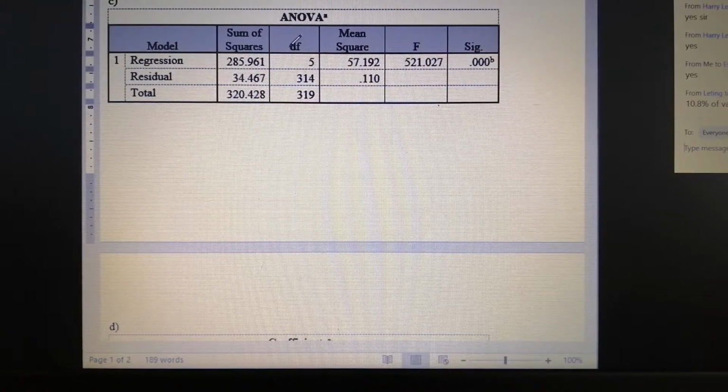And then the degree of freedom for regression is 5 and residual is 214, and the mean square is given as 57.192, and the mean square for residual is 0.110, and the F value for the regression is 521. That is quite big. Okay, it's good.